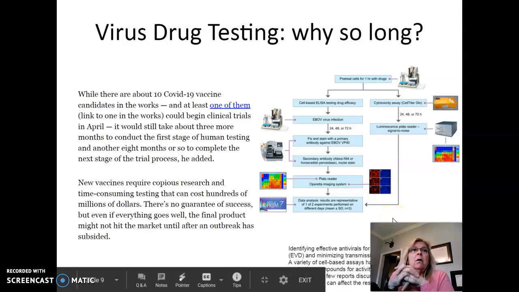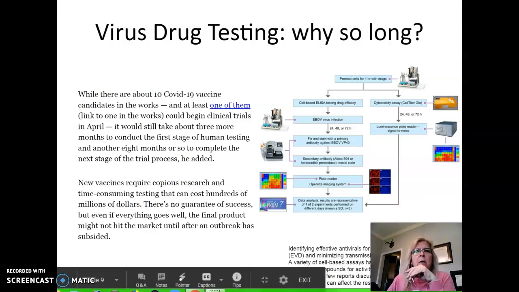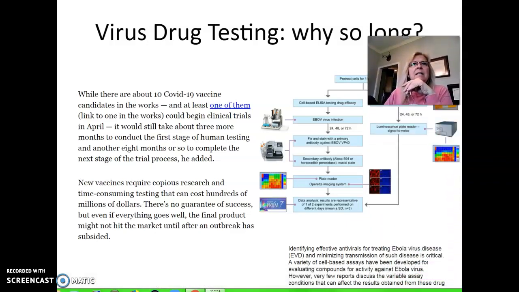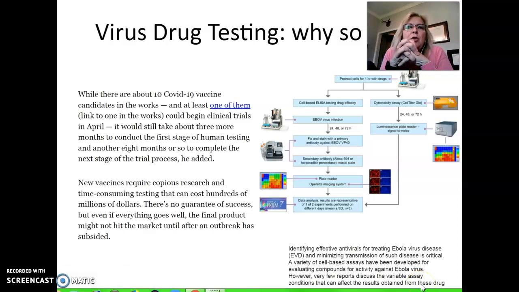All right. So virus drug testing. Why does it take so long? So I put this little thing here up, and I'm going to move my picture over to the side here because I think that it's getting in the way. So why is it taking so long? So there we go. You might notice that in a typical process, and this was a process for treating the Ebola virus, being able to work on the cells, being able to separate things out, and evaluating which compounds are working, which compounds are not.